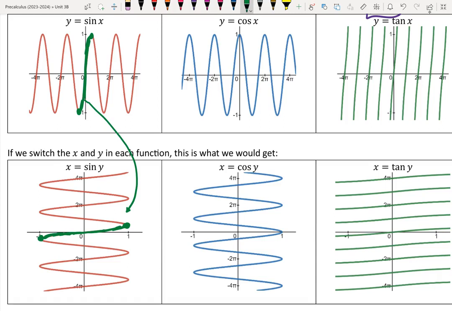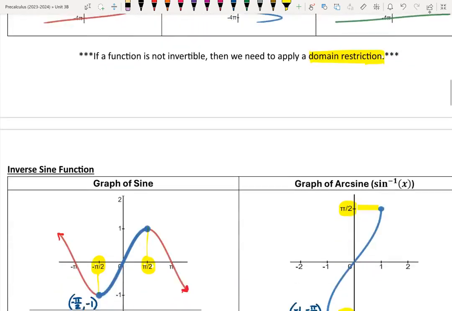If I take just that little piece, it's as if I'm cutting off the rest of that sine of y graph, because if I include any more of it, it will not be a function. Now, technically, I could have picked maybe this piece up here or this piece up here. Why we picked the one about the origin is probably because we like to put things around the origin. But somebody much wiser than me decided upon that as our inverse portion. So that's what we have.